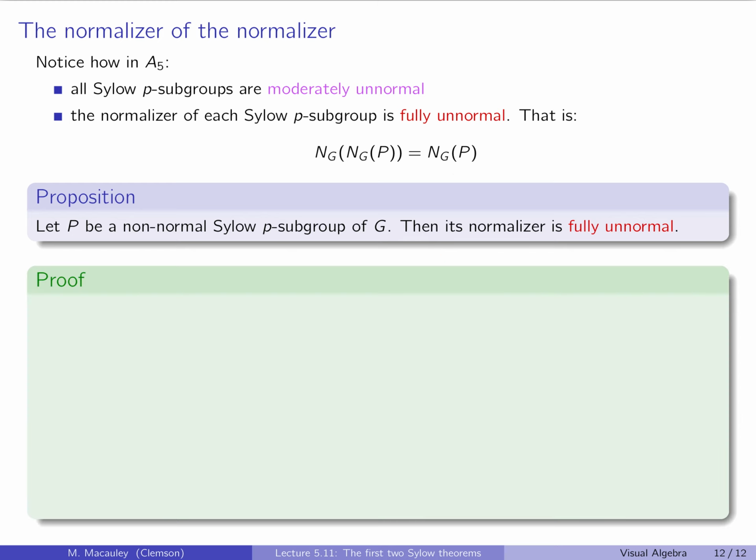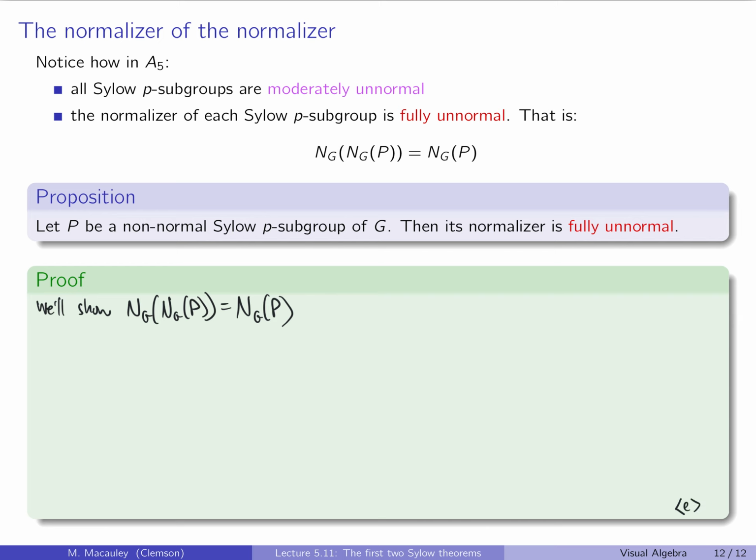Okay, so let's prove this. And we'll show the equivalent statement that the normalizer of the normalizer of P is equal to the normalizer of P. Let's draw a picture of this. So here is the trivial group.